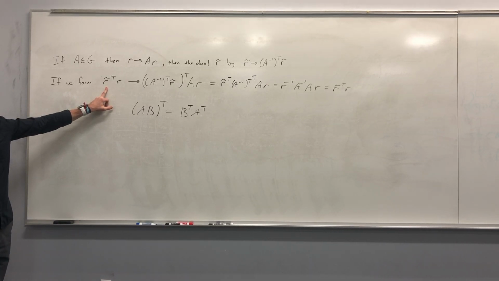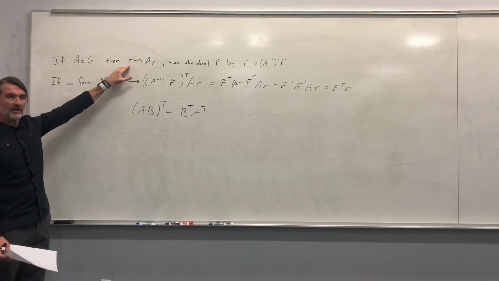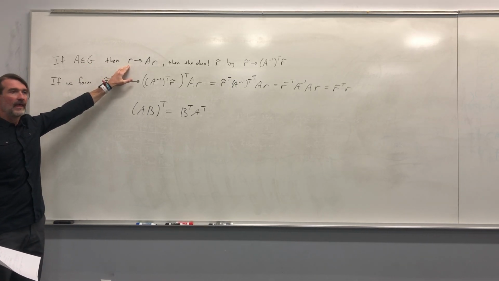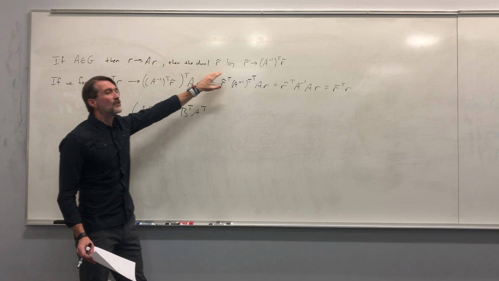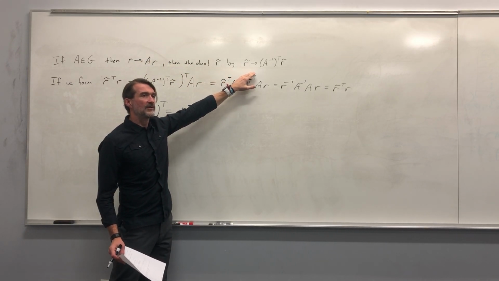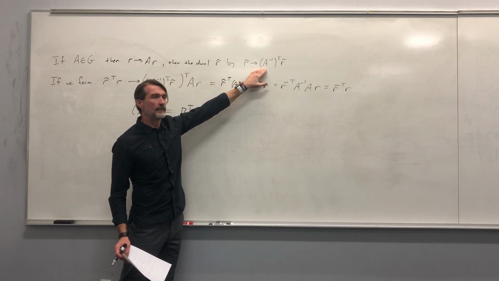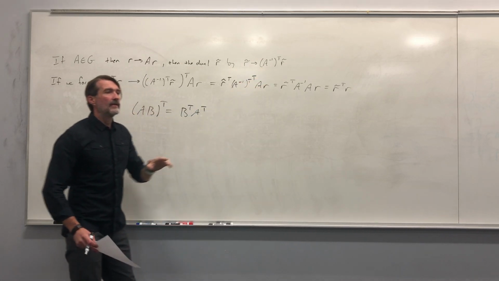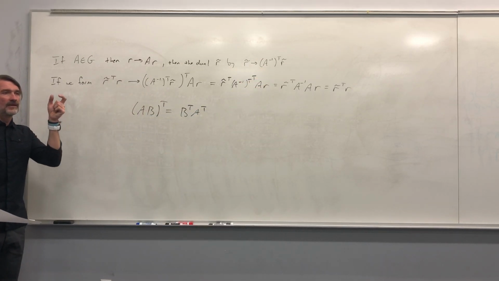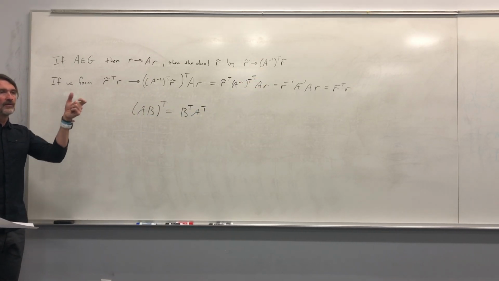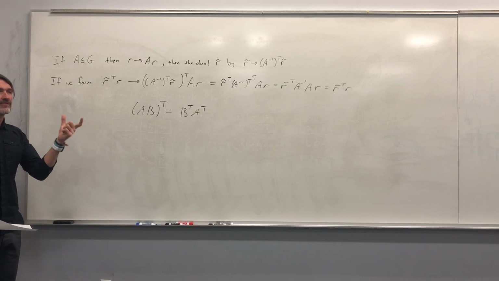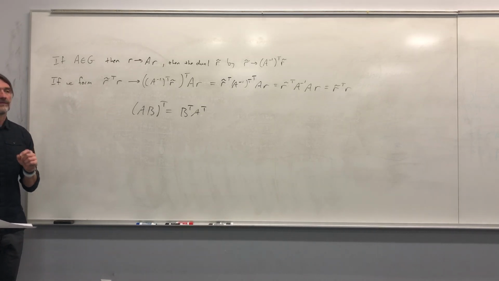Okay. So if we have a representation, then we can form the dual representation, which transforms in this particular way. And now we can take an element of the dual, combine it with an element of the representation, and that combination is invariant.